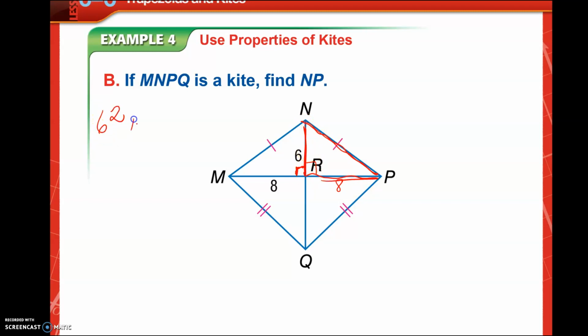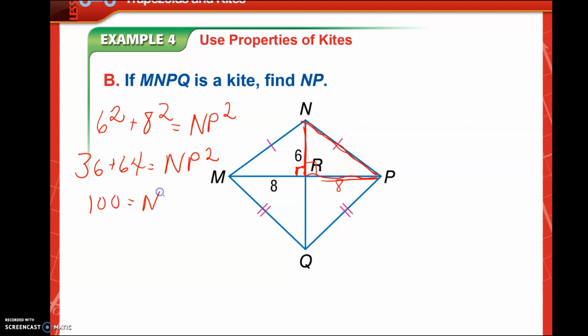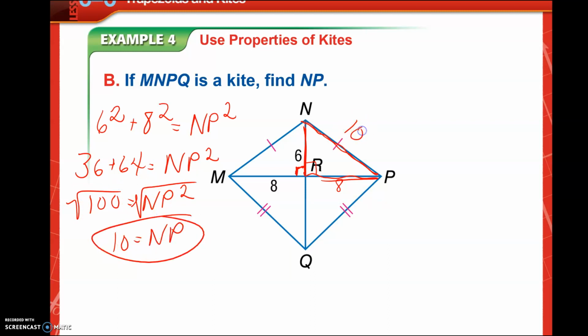So 6 squared plus 8 squared will equal NP squared. 36 plus 64 equals NP squared. 100 equals NP squared. So NP is the square root of 100, so 10. And maybe you saw that as the Pythagorean triple. So that is 10. That means this is also 10. And we need to know a little bit more information to find that one.